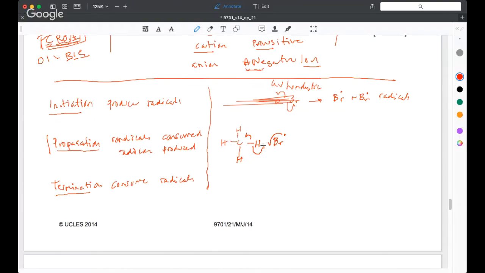So you can see now one electron has come here, one electron's gone there, two electrons, that's going to make a covalent bond, and the other electron that was in that bond there has come on to the carbon atom. So we've made that bond, haven't we? We've made it from there and there. So that's that bond formed.